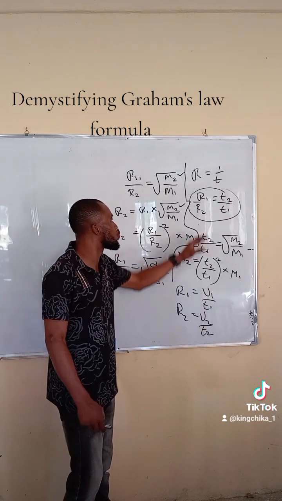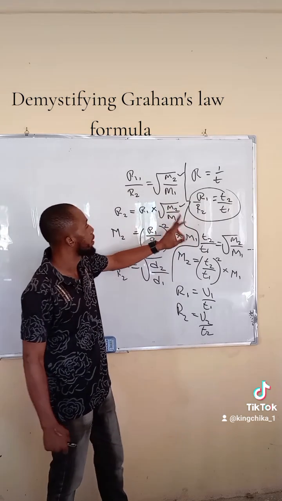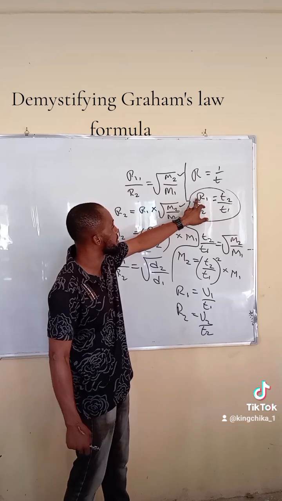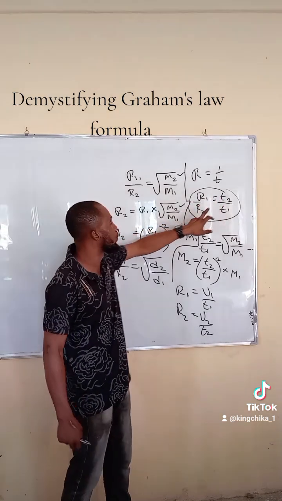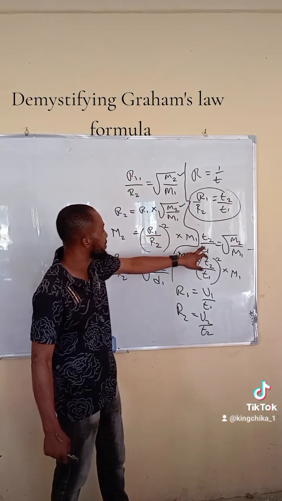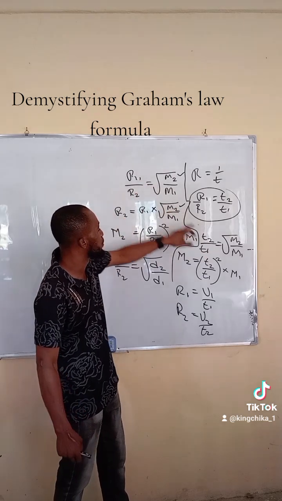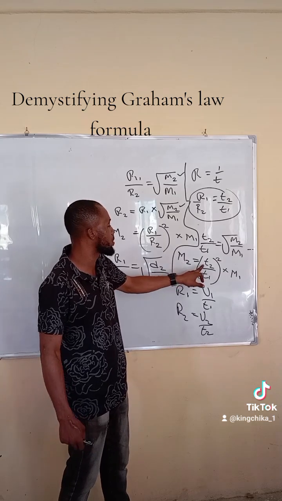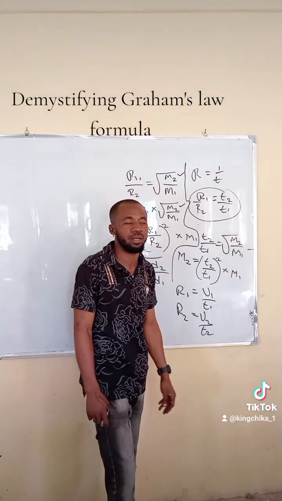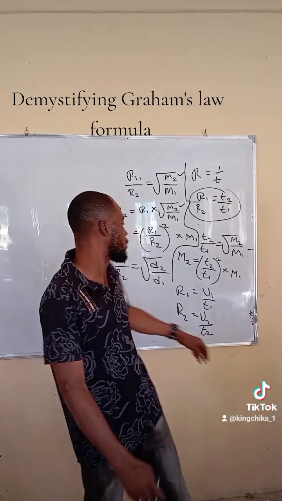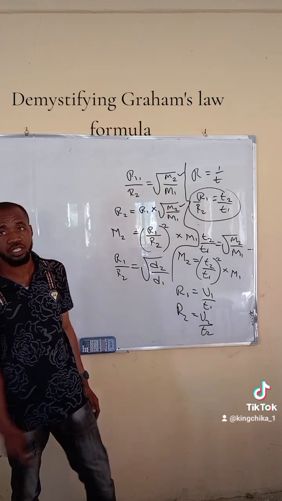Now if you're looking for T2, because R is the reciprocal of time, where R1 is, T2 should be, and where R2 is, T1 should be. Therefore, we'll come back to this formula and say, instead of R1, T2 all over T1 equals this. So looking for M2 becomes T2 all over T1 squared multiplied by M1. So that is just it. You can also apply this based on how the question is coming.